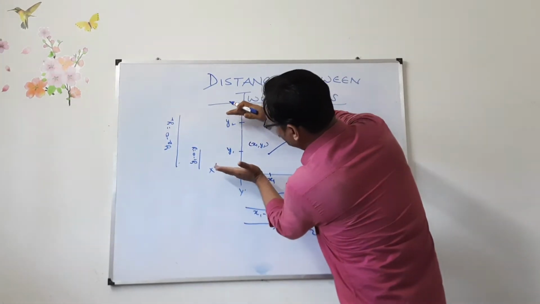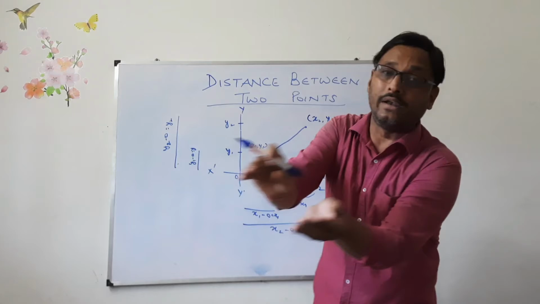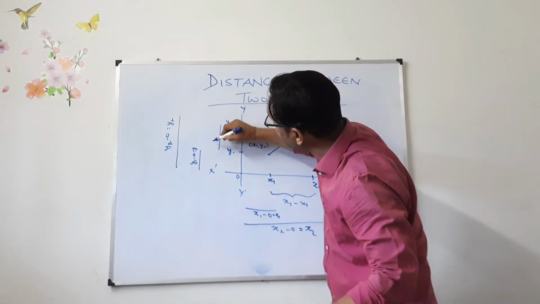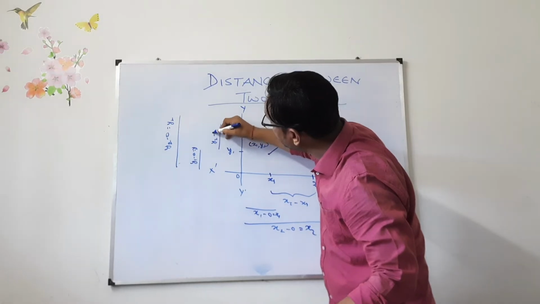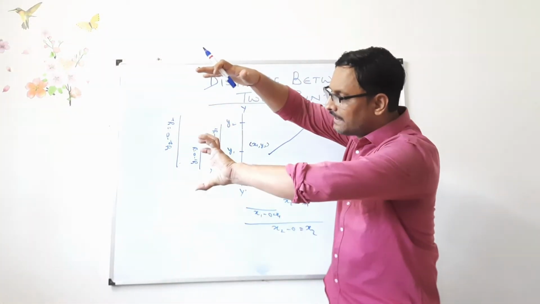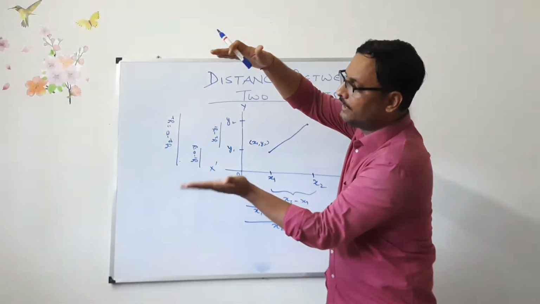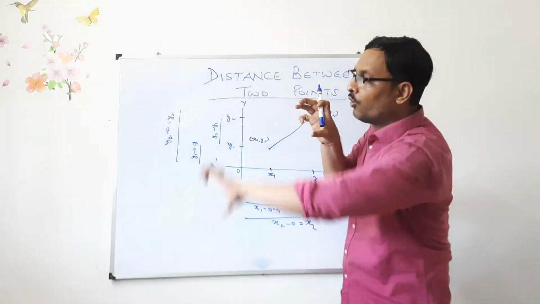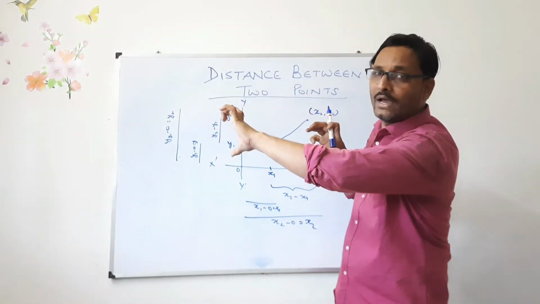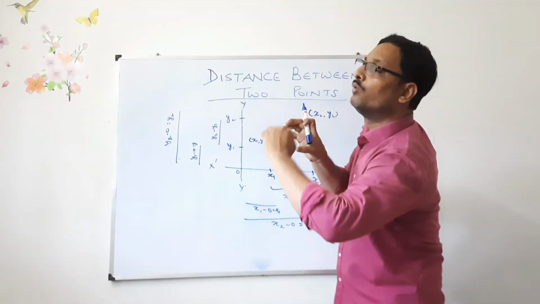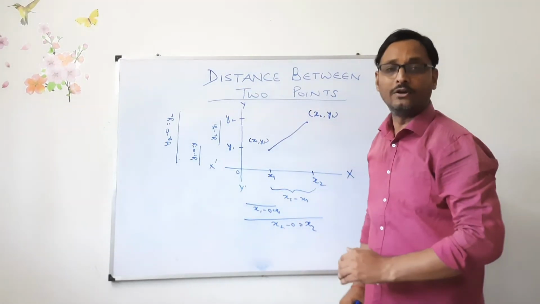From this y2, if you will be taking out y1, then what is remaining? y2 minus y1. This whole was y2. You have taken out y1. Taken out means minus, y2 minus y1. That's why I have written y2 minus y1.